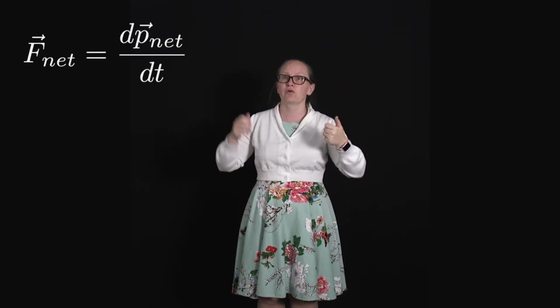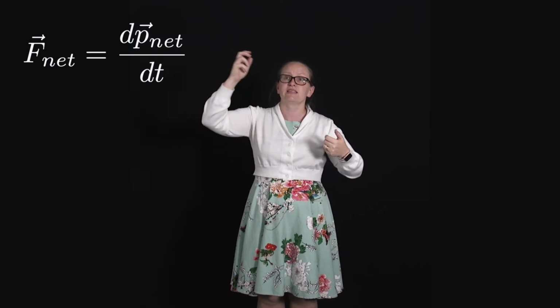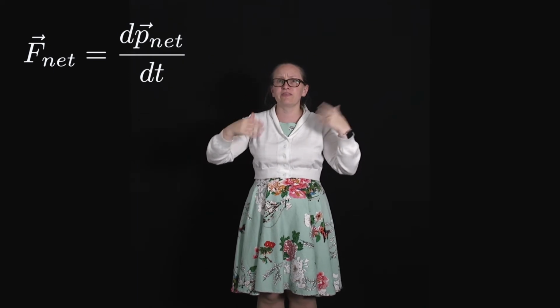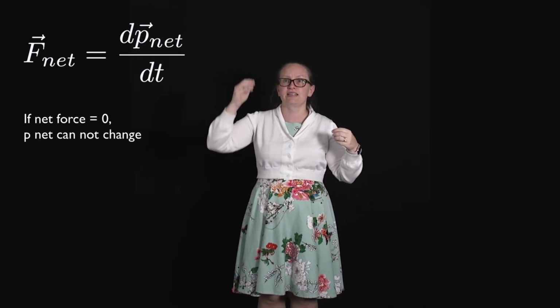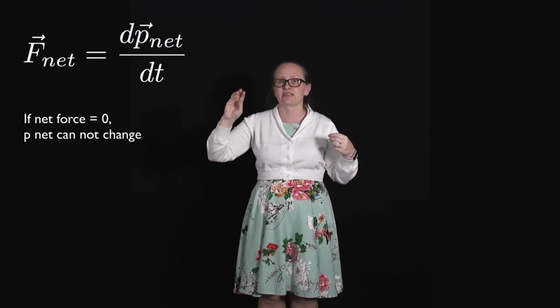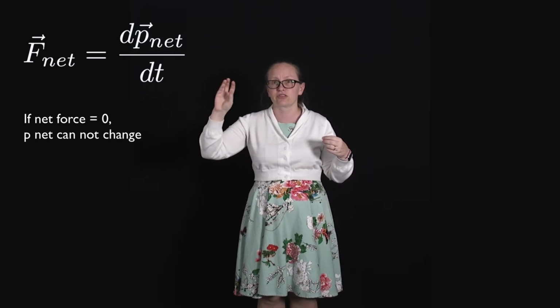Now we're going to relate this back to Newton's second law again, which told us that the net force F net was equal to dp/dt. So for a system, this will be dp net/dt. And if the net force on a system is given by dp/dt, and if this is equal to 0, then it tells us that the net momentum of a system does not change.